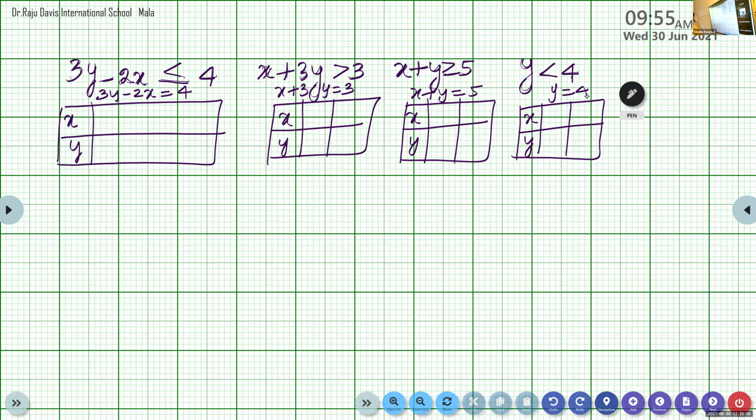What about the first one, solution set? Who is ready with the first equation solution set? Whoever is ready can give the answer.